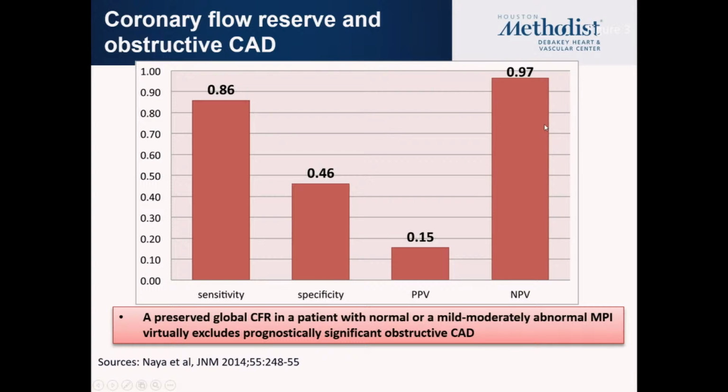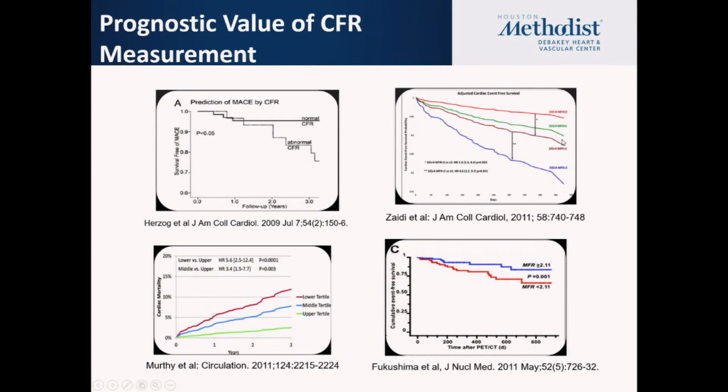However, the only caveat I would say is that this is in all comers, so you have to take into account other information. Maybe the 3% that were missed are probably low ejection fraction or high calcium score and others.